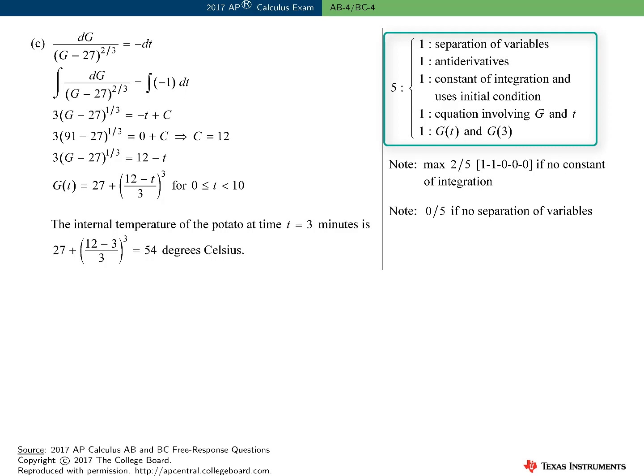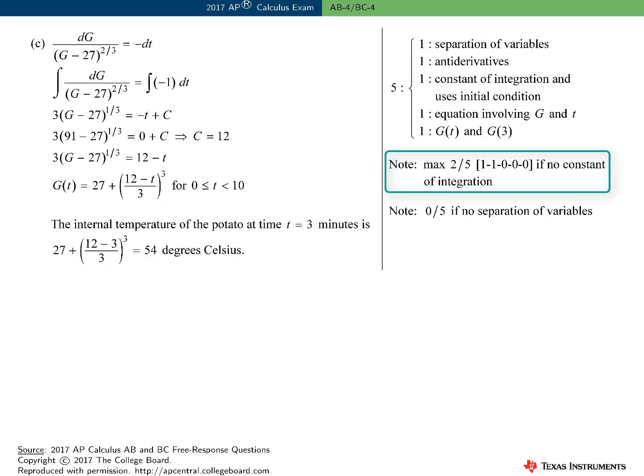This is a pretty typical distribution of points in this type of AP Calculus free response question. 1 point for separating the variables, 1 point for the antiderivatives, both antiderivatives here, 1 point for including the constant of integration and for using the initial condition, 1 point for reaching a point in the solution process with an expression in both g and t, and 1 point for the final expression for g of t and for finding g of 3.